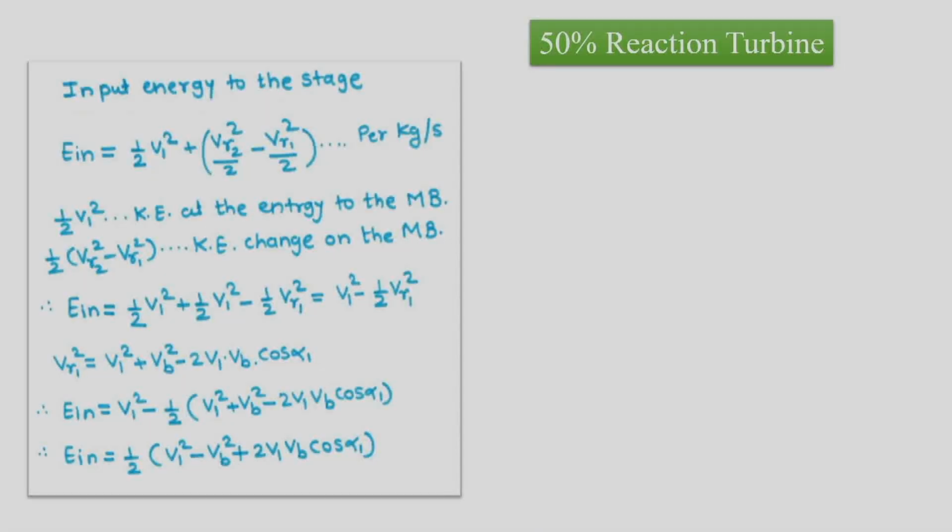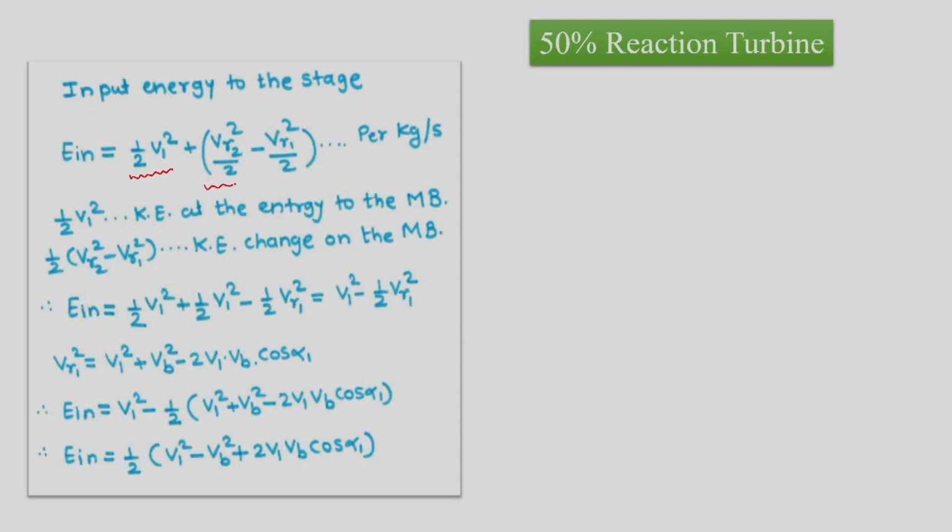In the reaction turbine we have enthalpy drop in the moving blades and in the nozzle or in the guide vanes also. So since in the stationary blades also we have enthalpy drop and we have enthalpy drop in the moving blades, we have to account the enthalpy drop in the moving blades. So this is the kinetic energy at the entry to the moving blades, and that is trivial since that was also available in the impulse turbine.